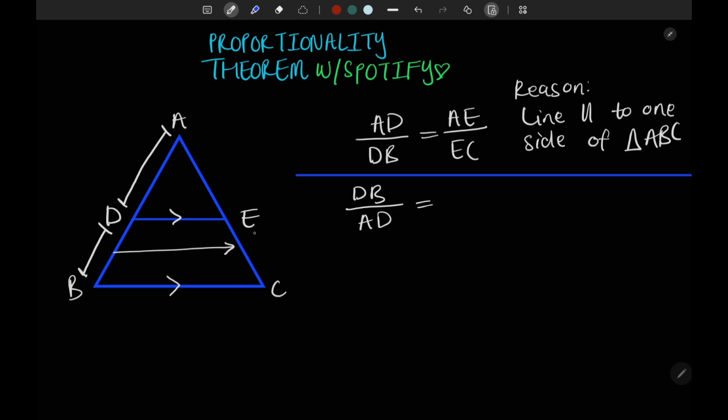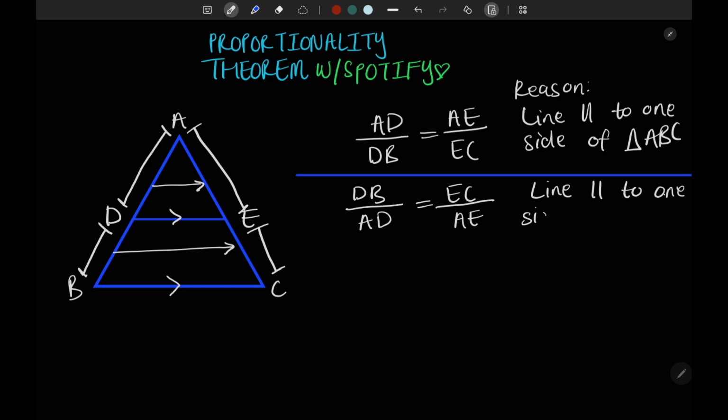The side that matches is EC from here to there. Is equal to EC over, we said AD. AD is from here to there. Which side matches? AE from here to there over AE. And you also have to give a reason. Your reason would be line parallel to one side of triangle ABC.